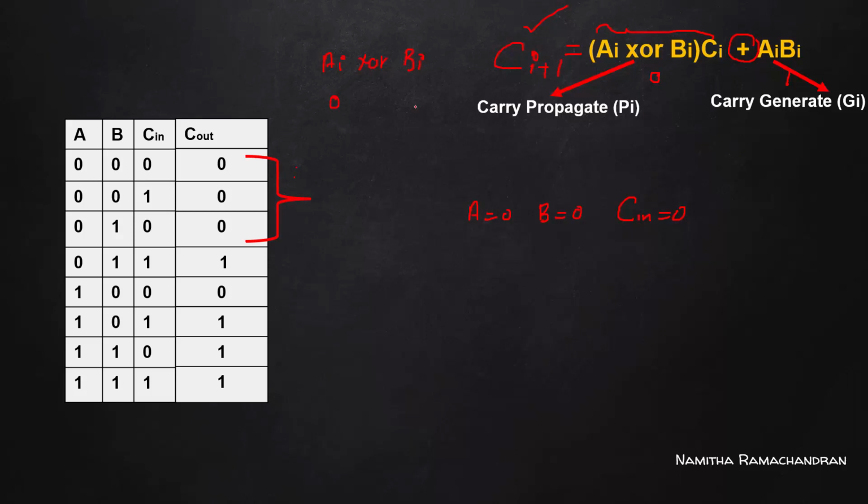If this is 0 and this is 1, the output is 1. Otherwise, if Ai is 1 but Bi is 0, the output also becomes 1. If both are the same, the output is 0. If both Ai and Bi equal 0, the output is 0. If both equal 1, the output is also 0. If only one of the inputs is 1, the output becomes 1. This is the condition of the XOR operation.